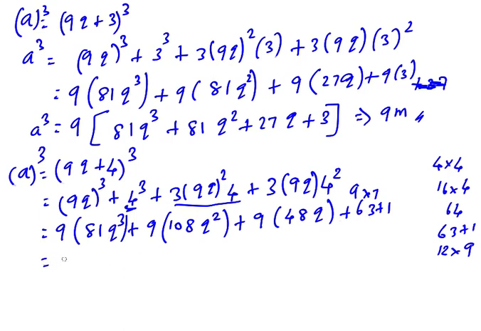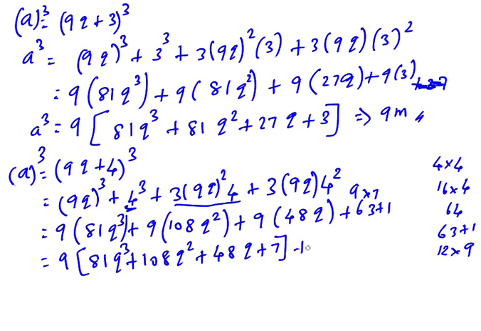So if we take 9 common outside, 81 q cube plus 108 q square plus 48 q plus 7 plus 1. So if we consider this bracket as m, it can be written in the form of 9m plus 1. So this a cube equal to 9q plus 4 the whole cube can be written in the form of 9m plus 1.